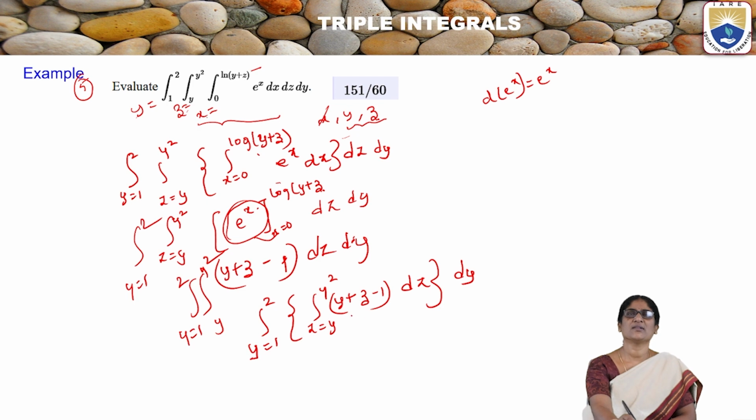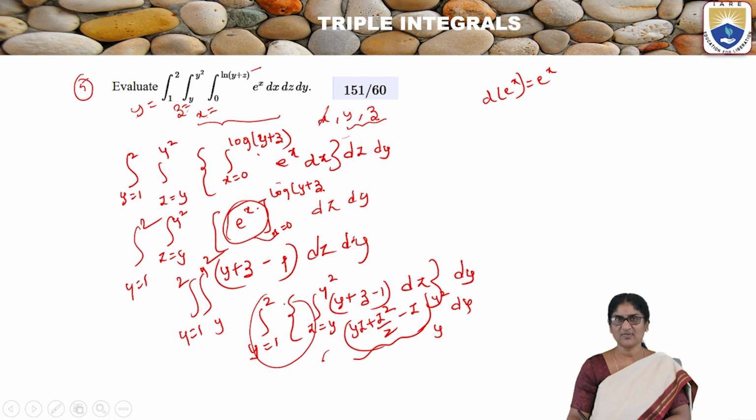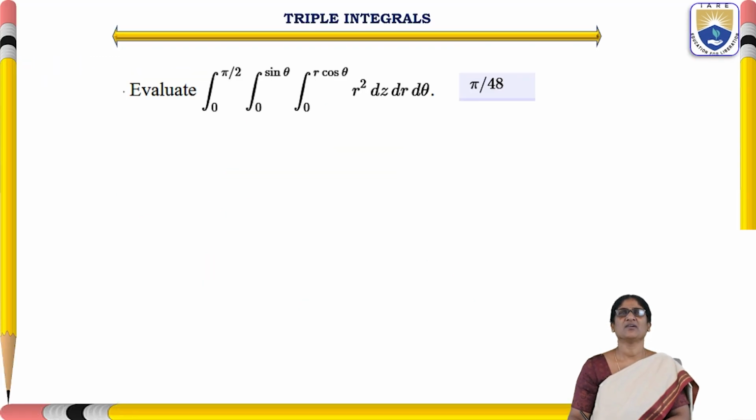So wherever z is there, you can write this as yz plus z square by 2 minus z, and then to that you apply the lower limit as y and upper limit as y square. Then everything is converted in terms of y, and upon integration you can get the numerical value, because y is the last term here, just as we have done for the previous one.